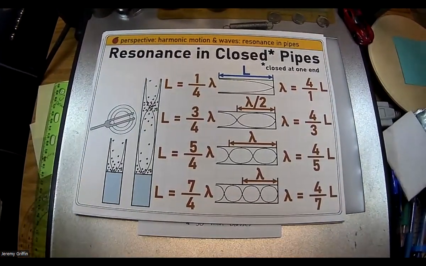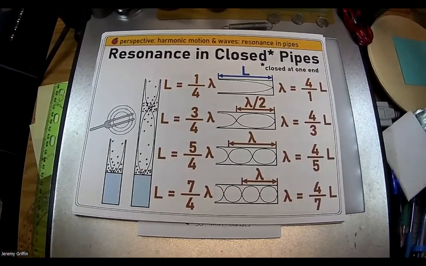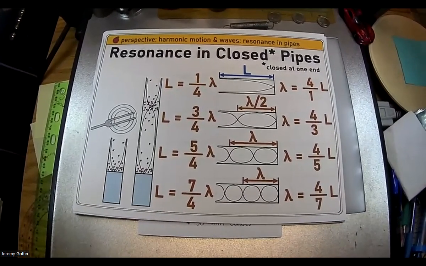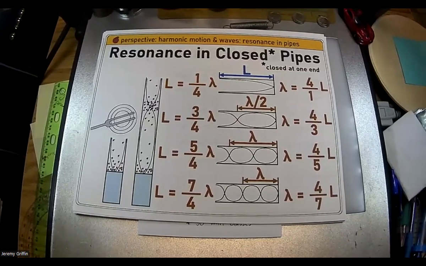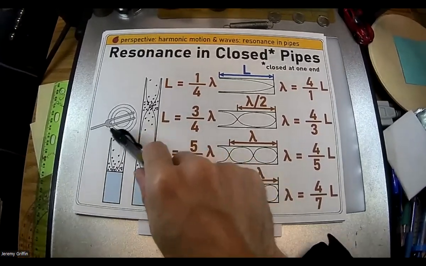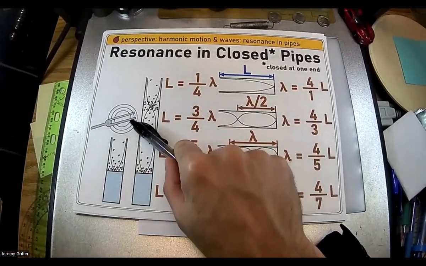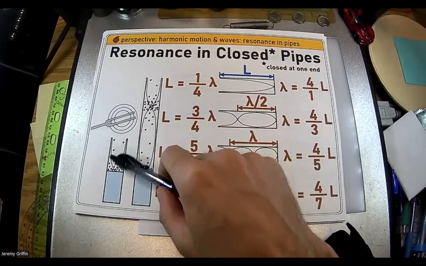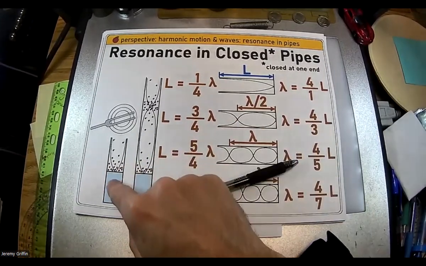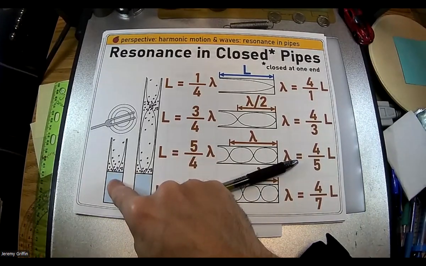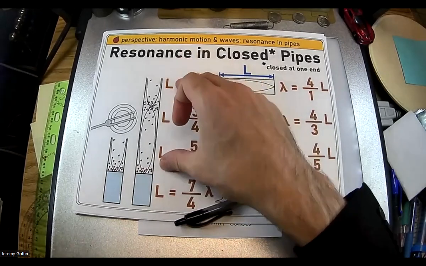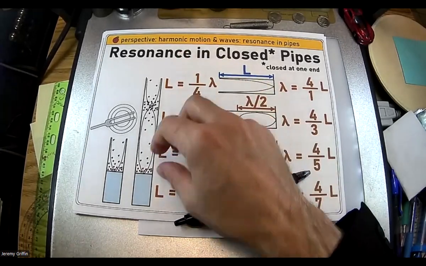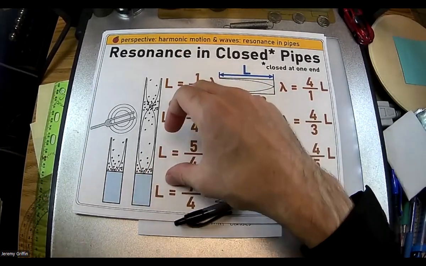A lab I'm going to have you do, probably next week, is setting up standing waves in pipes. You remember that box of tuning forks I just showed you? If I hand you that box, you strike a tuning fork over, let's say, a PVC pipe that I have dunked in a beaker of water. The advantage of that setup is that you can lift and lower the pipe, and the water level will always close one end.